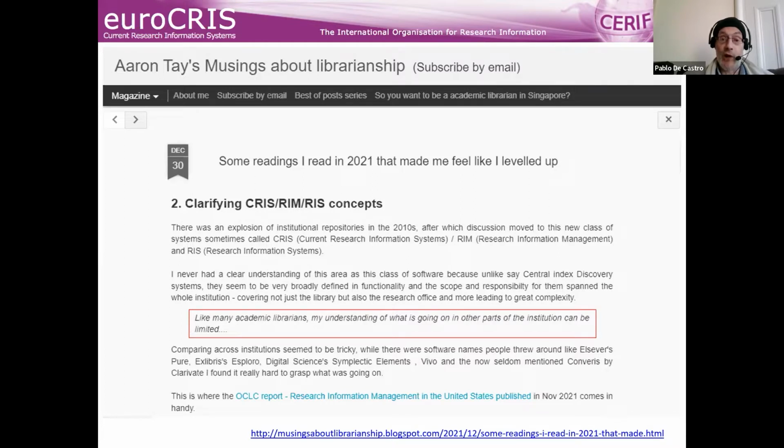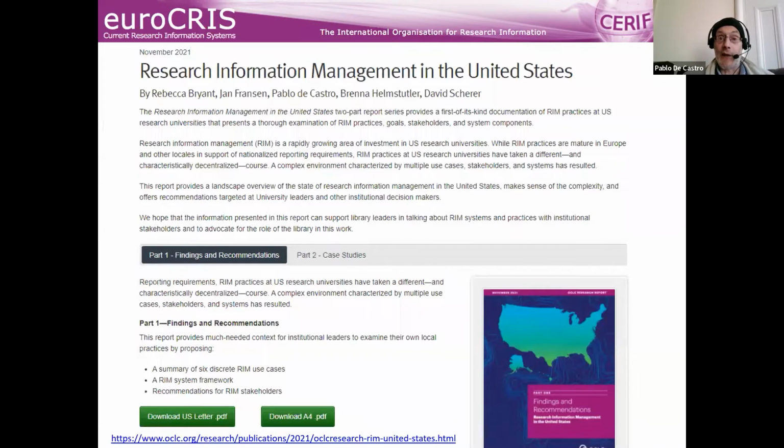It's a very short text. The URL is at the bottom of the slide, and it basically refers to a report that OCLC and Eurocris worked on that was published late in 2021 on research information management at United States institutions.